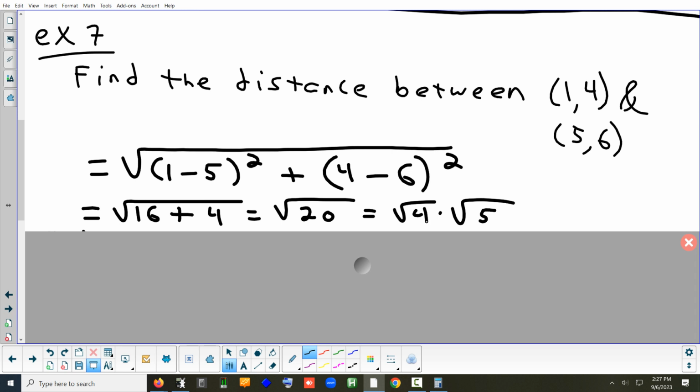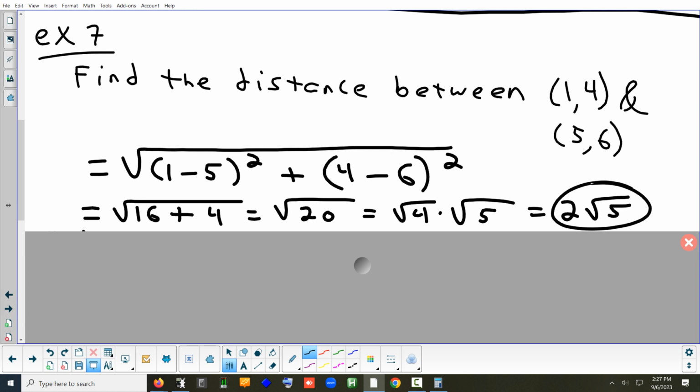So you can write it as 2 separate square roots. 2 and 10 would not be a good choice because neither square root of 2 nor square root of 10 comes out nice. But square root of 4 and square root of 5, that's a good choice. What's the square root of 4? 2. And that's how you simplify the square root of 20.